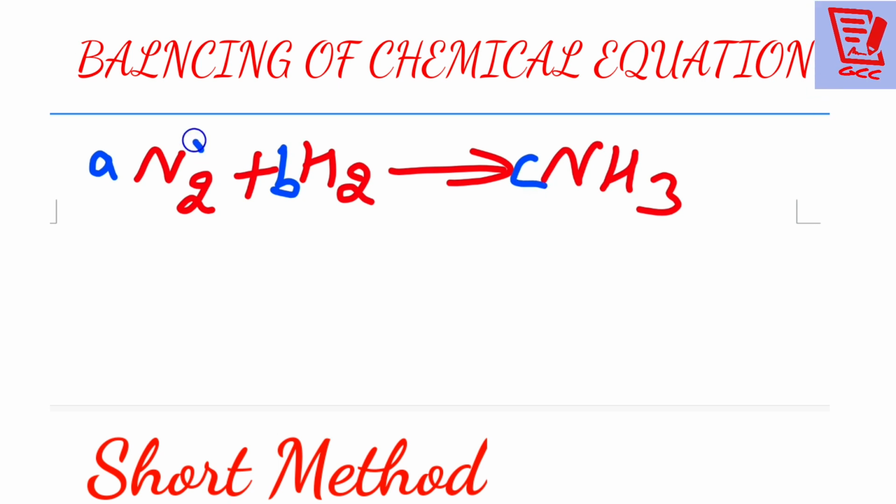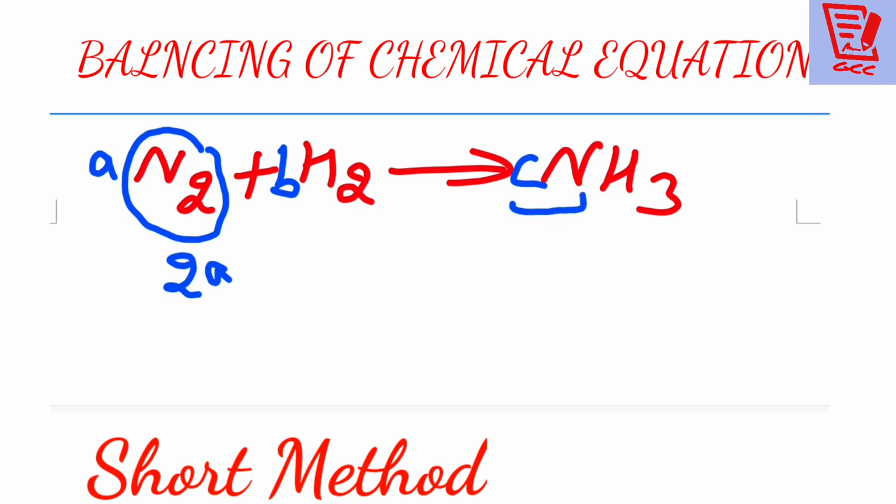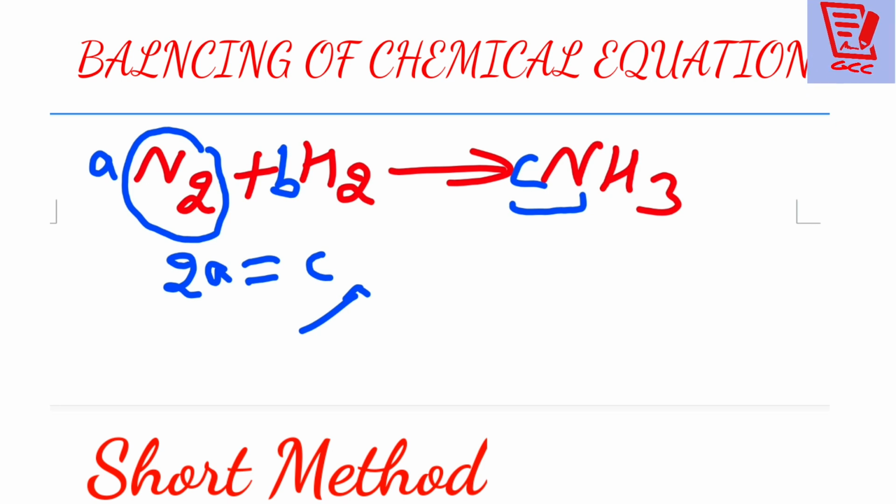Okay. Now you see all of you, what is there? Here N2. In front of N2, what is there? A is there. So I am writing 2A. Here how many N? In this side 1N, 2A, yes or no, equal to C. Okay. Then after that, beta, you see next one.